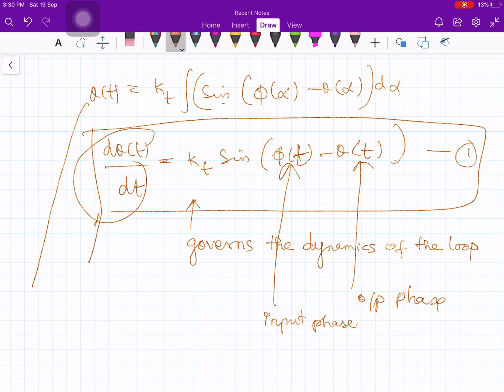Therefore, to do that discussion further, we will discuss the case when phi of t is a special kind of function rather than a general kind of function. Therefore, the general solution of this is a very cumbersome, very difficult exercise.